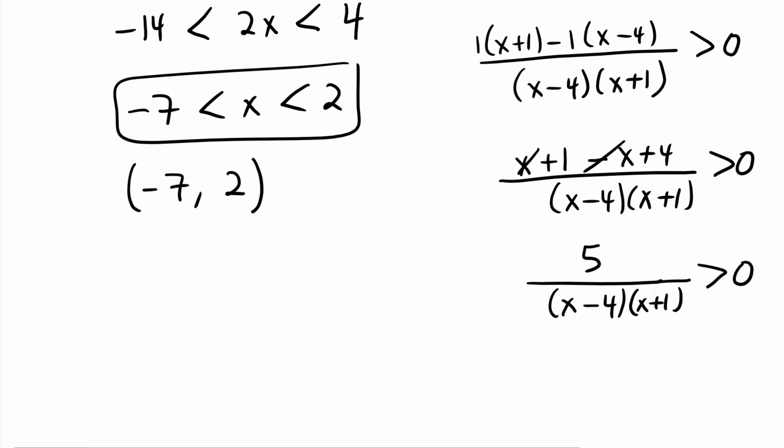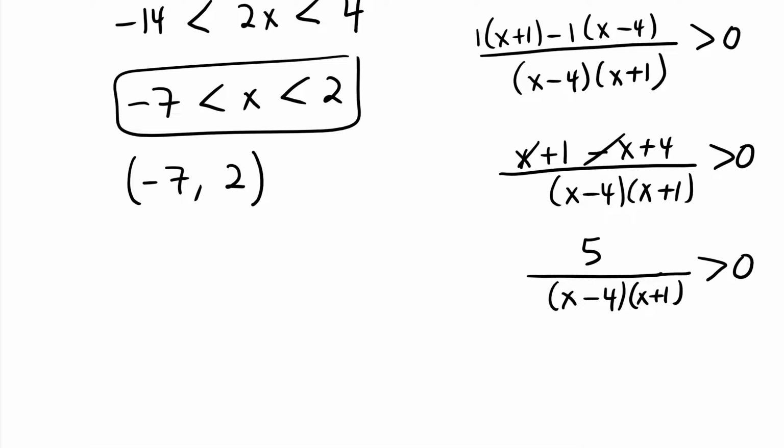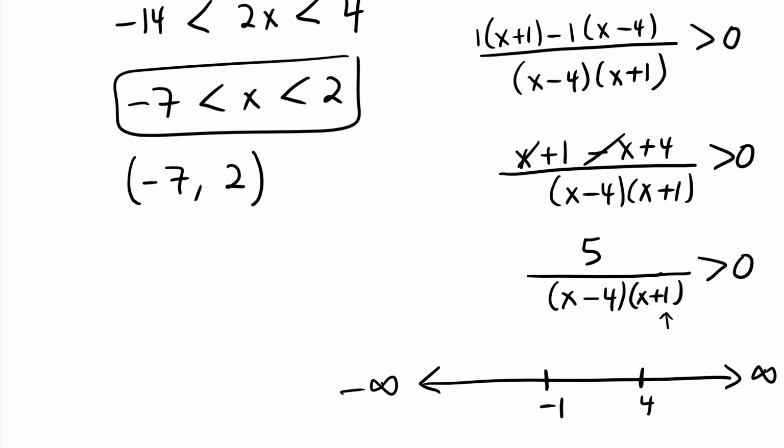Now we are going to finish solving this on the number line. Using the number line, we have negative 1 if you set this equal to 0, and 4 if you set this one equal to 0. Now we pick points, select values like 5. Let's say x equals 5. What would give this positive or negative value?